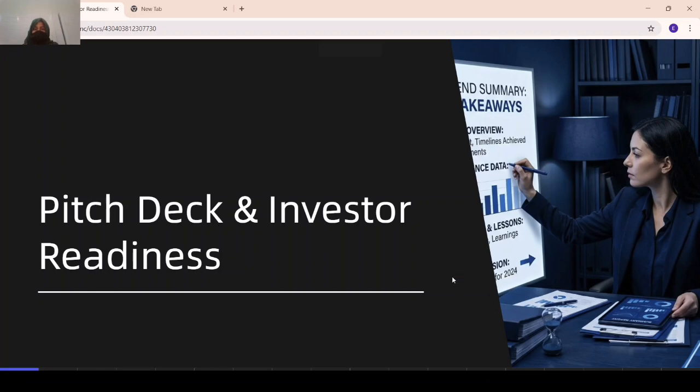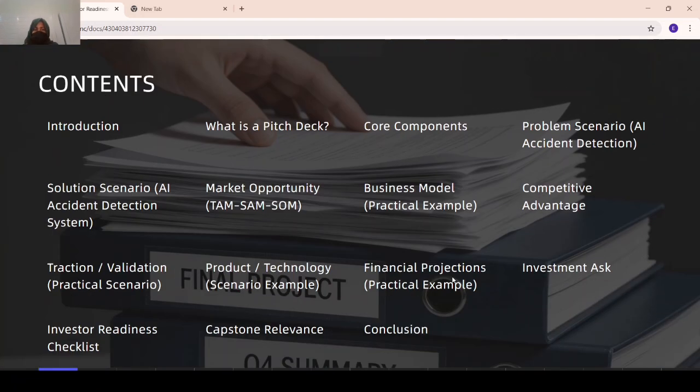So now we have a topic of discussion, that is pitch deck and investor readiness. As you will see in the contents, some topics we have already studied previously, because all these things are interlinked with each other, so we have to touch on some previous topics also.